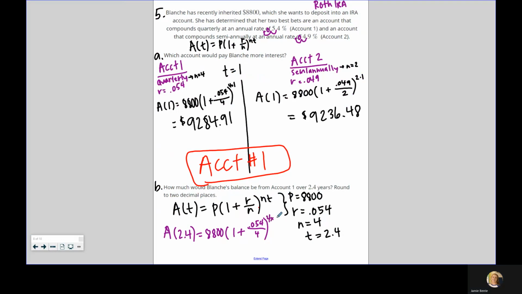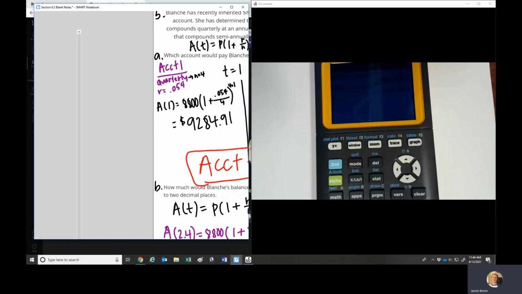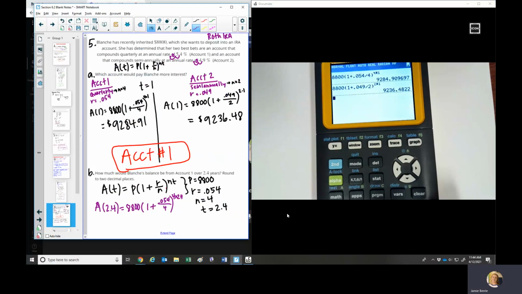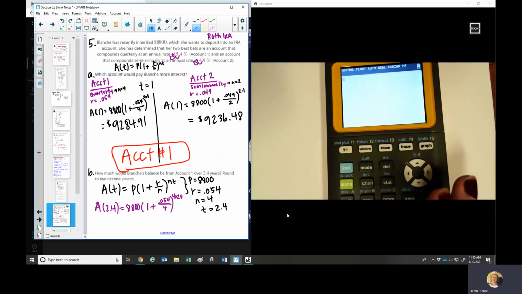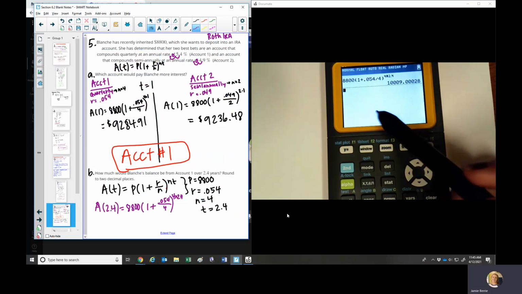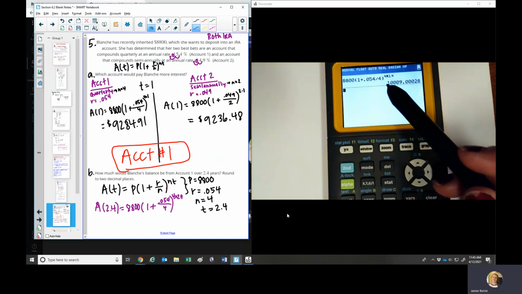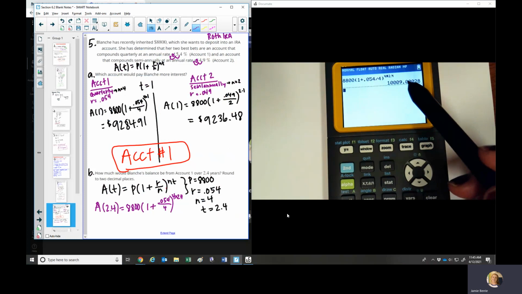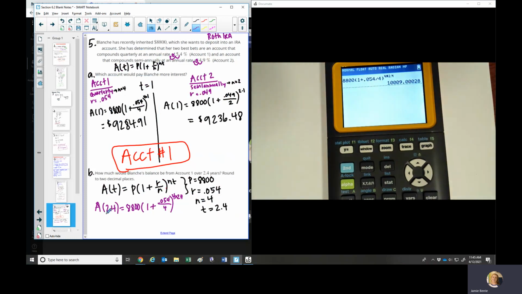All right, let's plug that in the calculator. 8,800 parentheses 1 plus 0.054 over 4, close parentheses, raised to 4 times 2.4. All right, so that's how much money Blanche has after 2.4 years, $10,009.00.